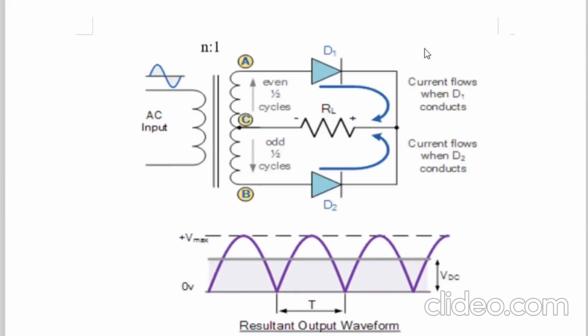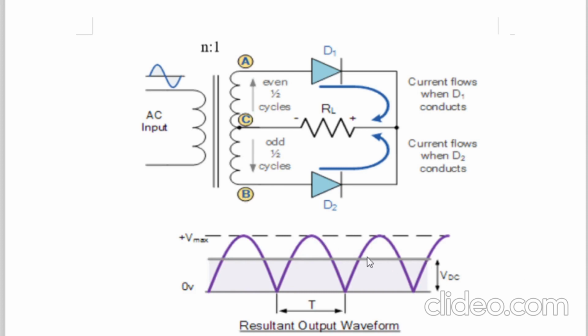Now suppose you are going to study a full wave rectifier. In a full wave rectifier there are 2 diodes and a load resistor. During the positive half cycle, this diode will conduct. When positive is going on at A, at B the negative half cycle is going on, because this is a center tap transformer. At the load, there will be the positive half cycle of the sine wave at A and the positive half cycle of the sine wave at B. So you will get this half cycle as well as that half cycle.